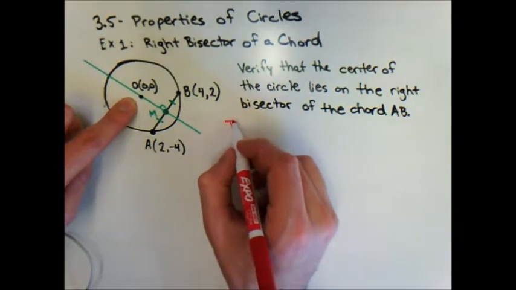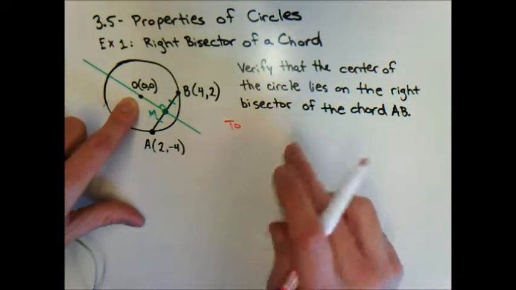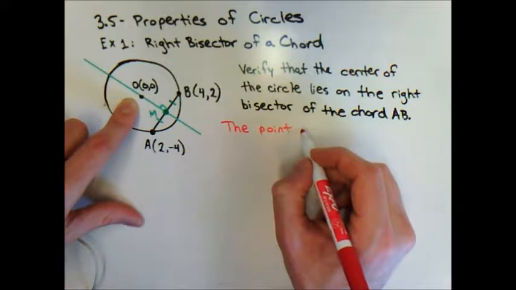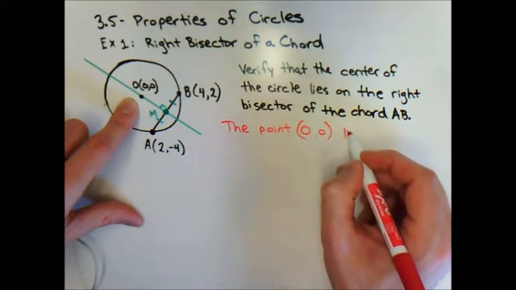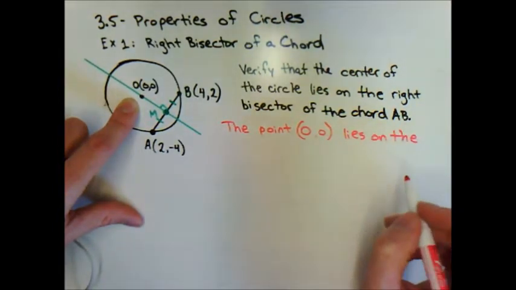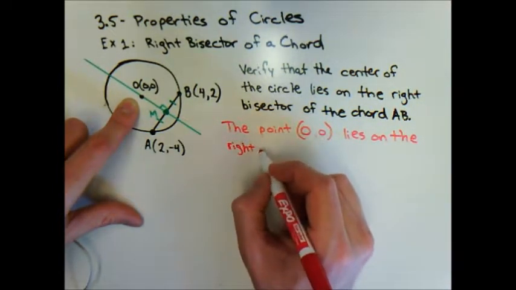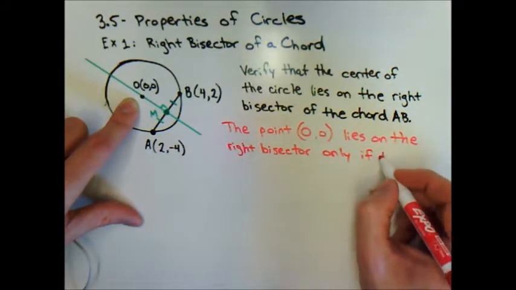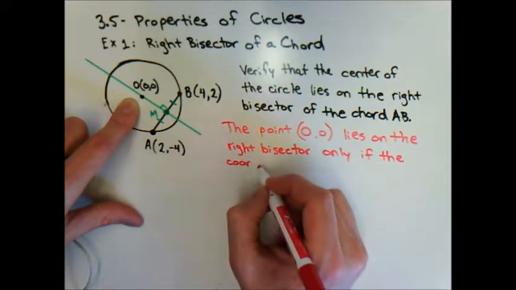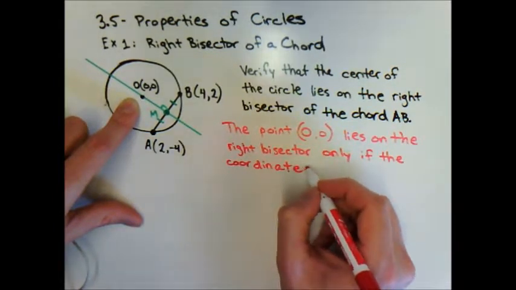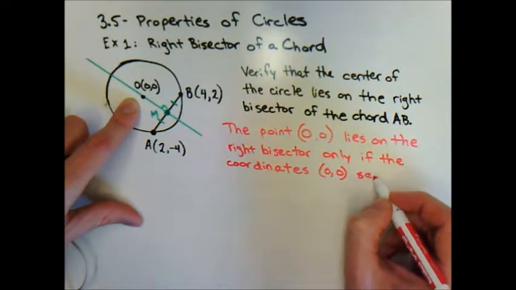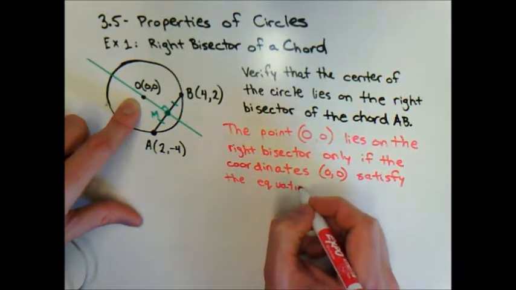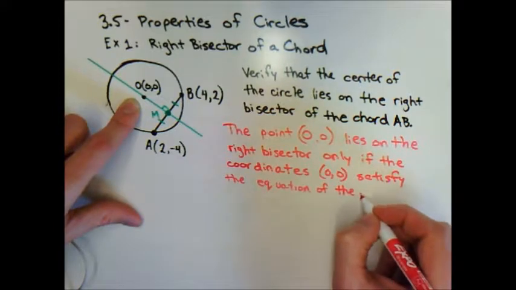In order to do that, please take these notes down. The point 0, 0 lies on the right bisector only if the coordinates 0, 0 satisfy the equation of the right bisector.